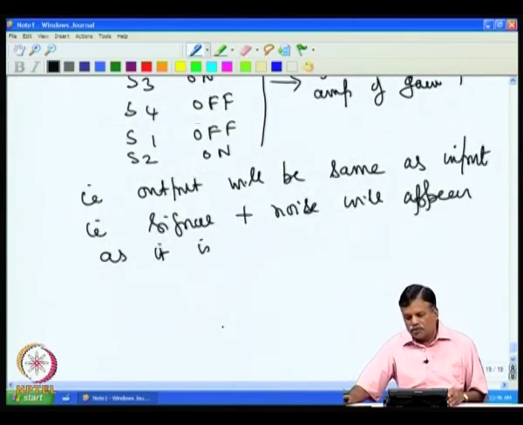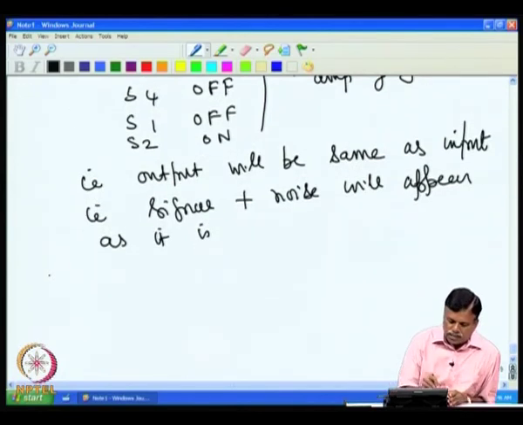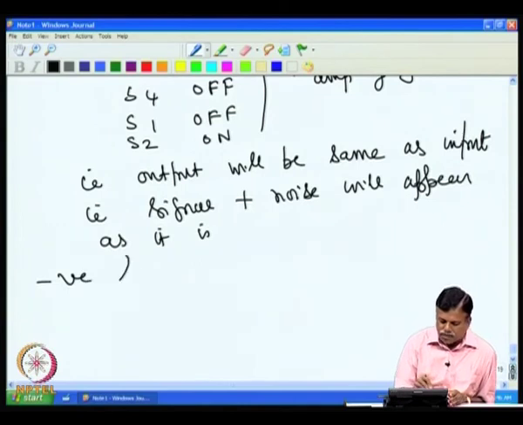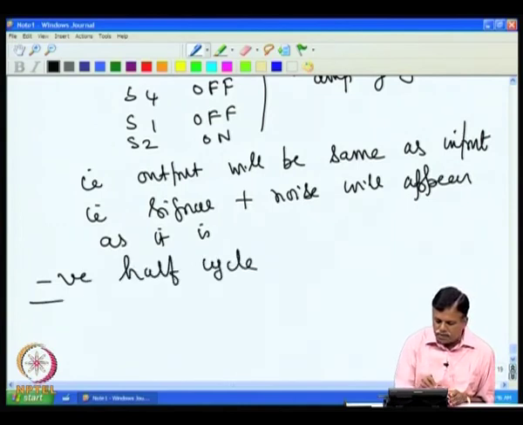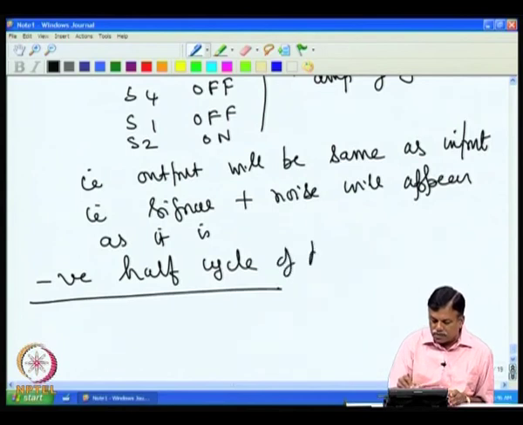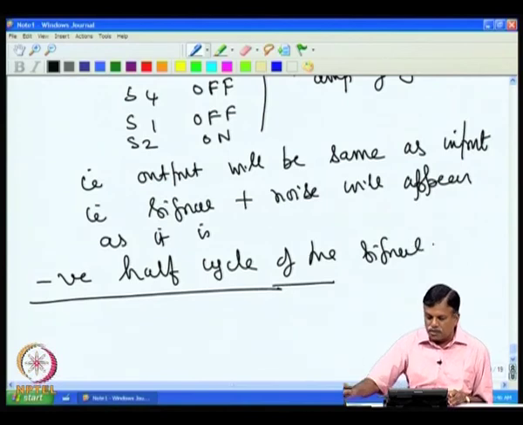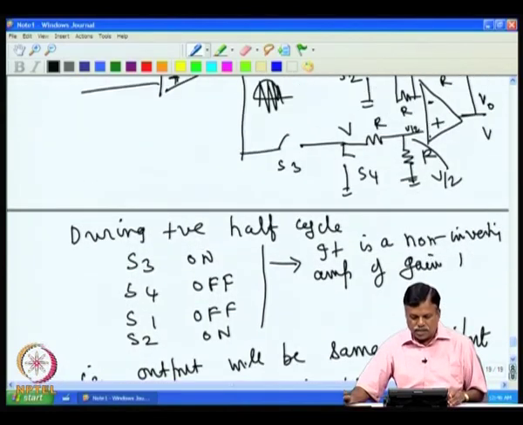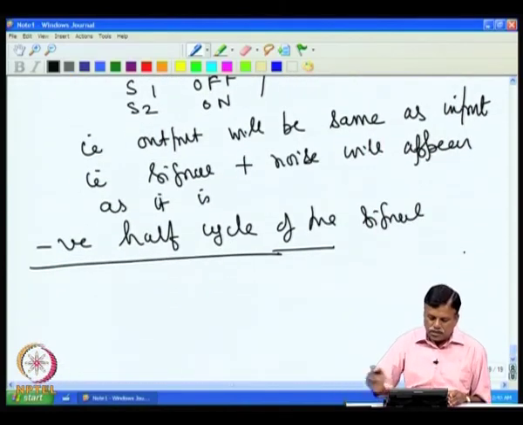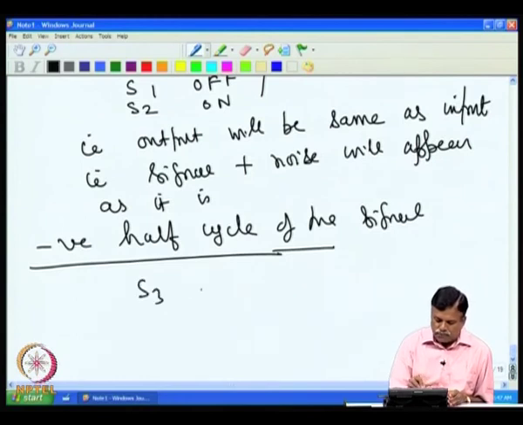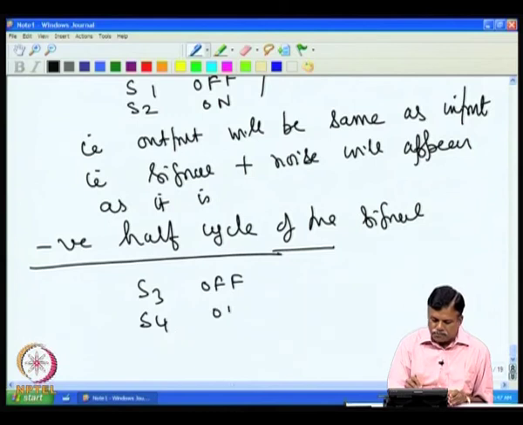Now, during the negative half cycle of the signal, we will reverse the action. I will keep S3 off, S4 on, S1 on, S2 off.